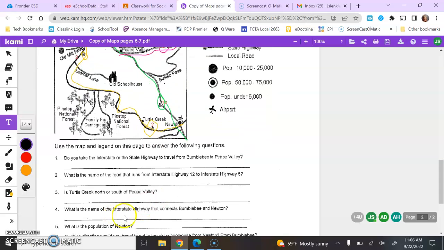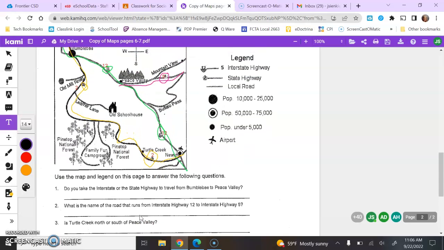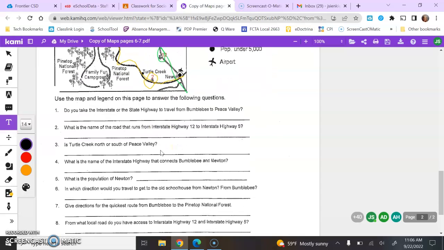But it says the interstate highway. So if you go to your legend, the interstate highway is that green line. What is it called? Okay? There's a number there. The interstate highway that connects Bumblebee to Newton is called Interstate.